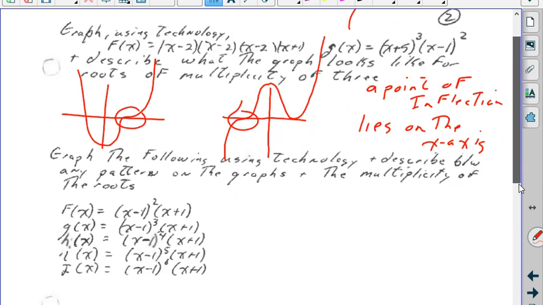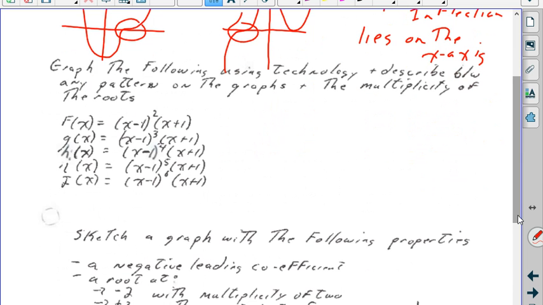I'm going to just skip this a bit here because I've already talked about it. If you were to do this, you would find those three would have points of tangency at x is equal to 1 because they are second, fourth, and sixth degree.